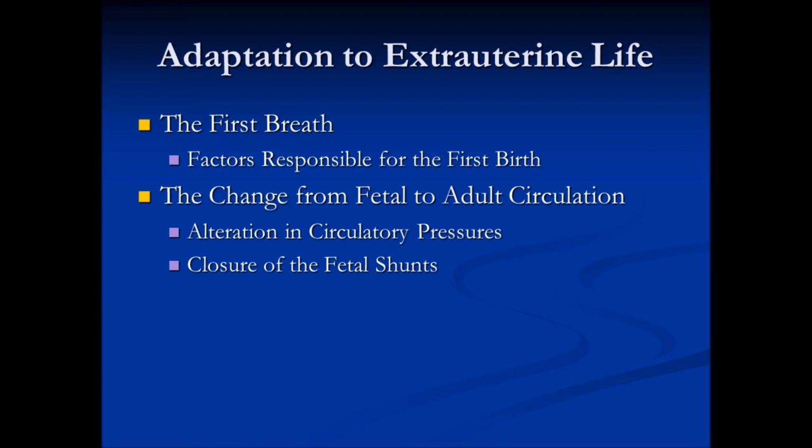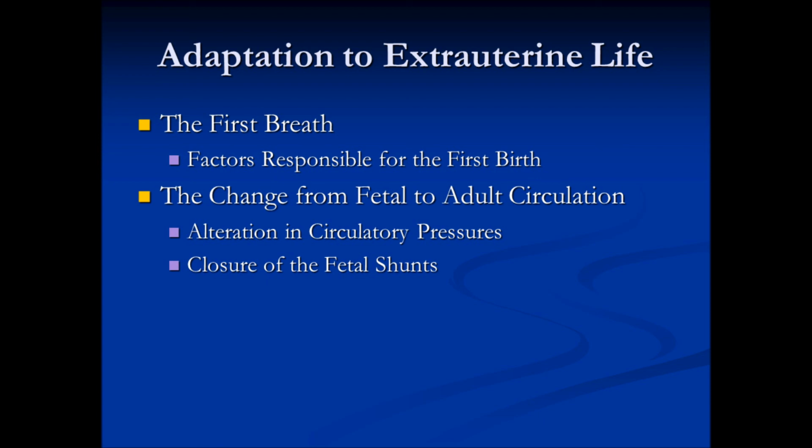Left to right shunting means that blood is shunting from the left side of the heart back over to the right, or actually into the lungs, and the resultant is congestive heart failure. The problems confronted when the ductus fails to close, we will talk about that more when we get to chapter 12.